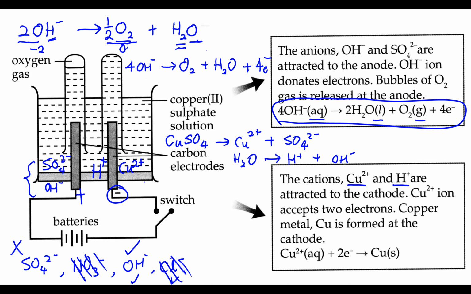The reactivity series is potassium followed by sodium, followed by calcium, followed by magnesium, followed by aluminium, followed by zinc, followed by iron, followed by lead, followed by copper, silver, and gold.